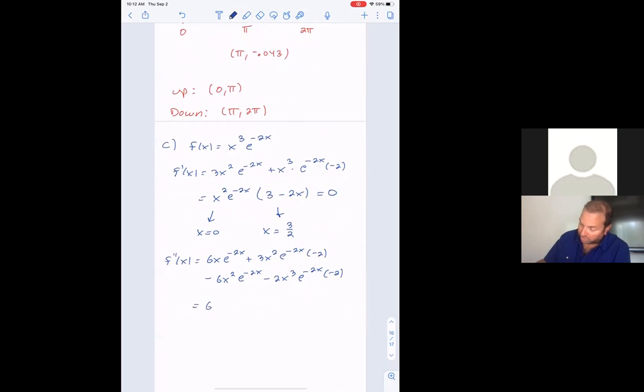Simplify, this becomes 6x e to the negative 2x minus 6x squared e to the negative 2x minus another 6x squared e to the negative 2x plus 4x cubed e to the negative 2x.